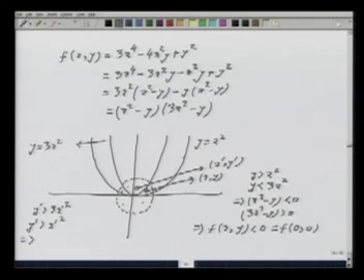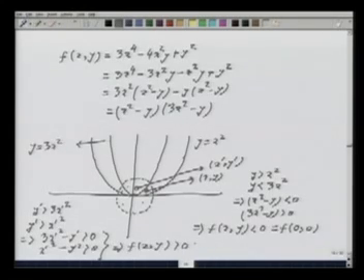This implies 3x prime squared minus y prime is bigger than 0 and x prime squared minus y prime is bigger than 0. This together would imply that f(x, y) now is positive, bigger than 0, but that is f at (0, 0).